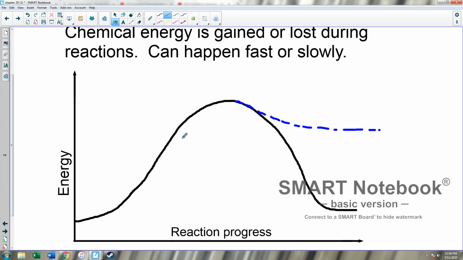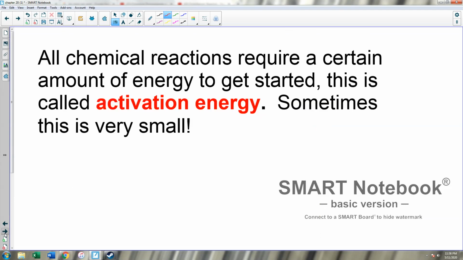Or maybe you have a reaction that you put some energy in and then it rolls even farther downhill and you get even more energy out. Well, these are two kinds of reactions that we call exothermic and endothermic reactions. Okay, so depending on how much activation energy you put in and how much energy you get out, the reaction could overall be giving you energy or it could be taking in energy.